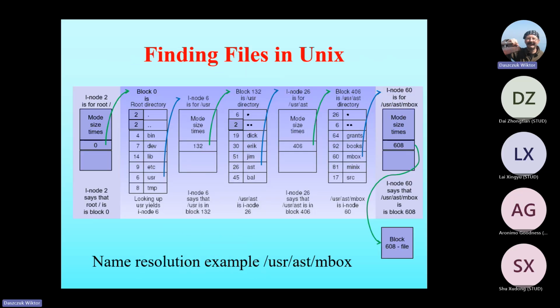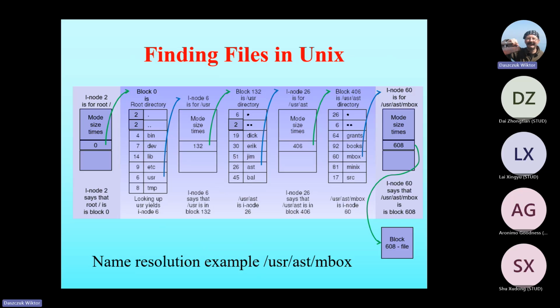This is the resolution of the name that I mentioned earlier, USR AST mbox, shown in detail on the disk, when access to given inodes and block numbers is shown. In Tannenbaum, it is not full because this operation is not shown, only the middle.